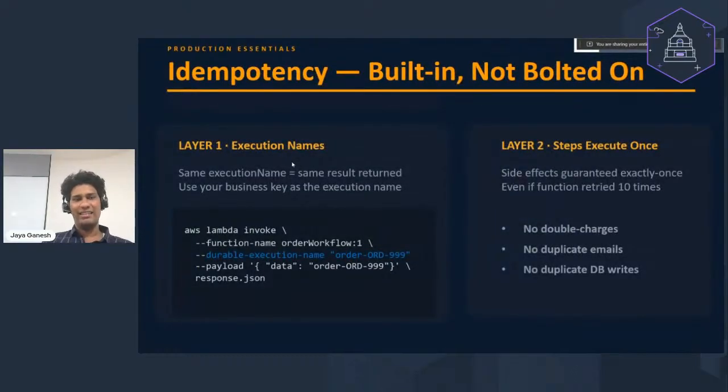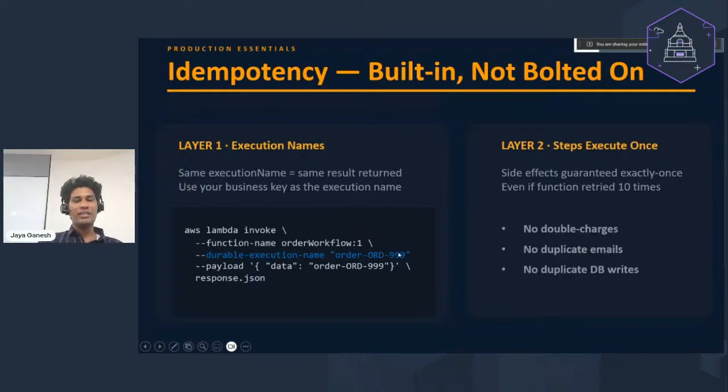And the next thing is idempotency. In the case of durable functions, it's not something you attach externally. It is built into the durable function itself. I was mentioning the durable execution name, right? If you see here, in the AWS CLI Lambda invoke, we have a new option called durable execution name.